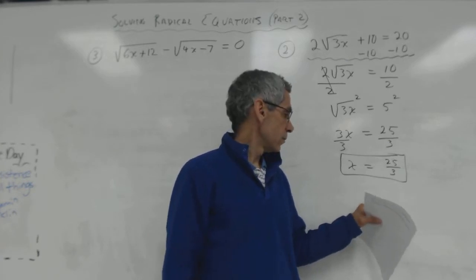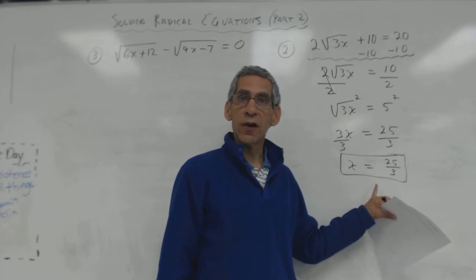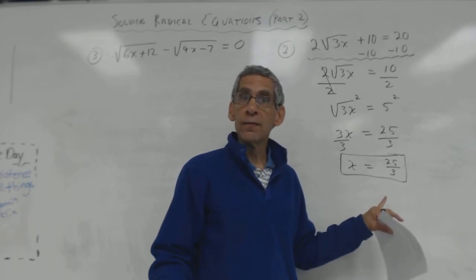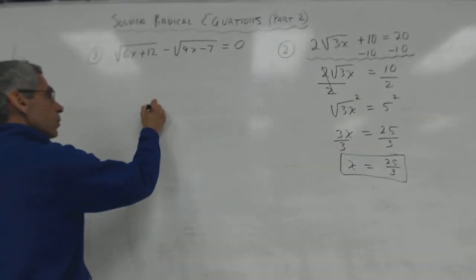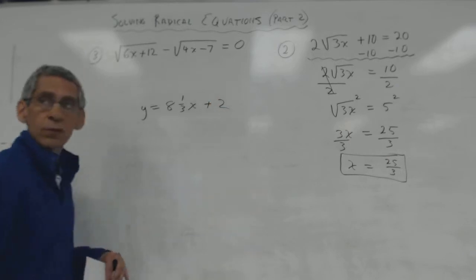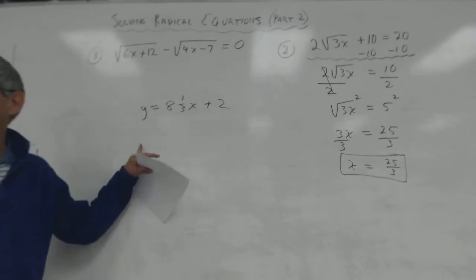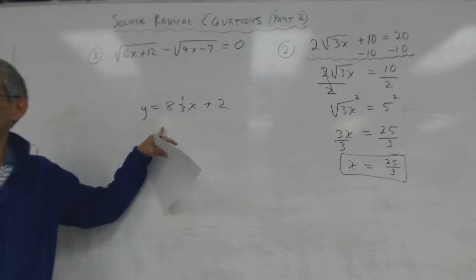In algebra, sometimes it's more convenient to leave it as a fraction, like slope, right? You would not want to graph y is equal to 8 and a third x plus 2. You can't do it the way it is. You have to turn that into a fraction so that you have a slope, right?